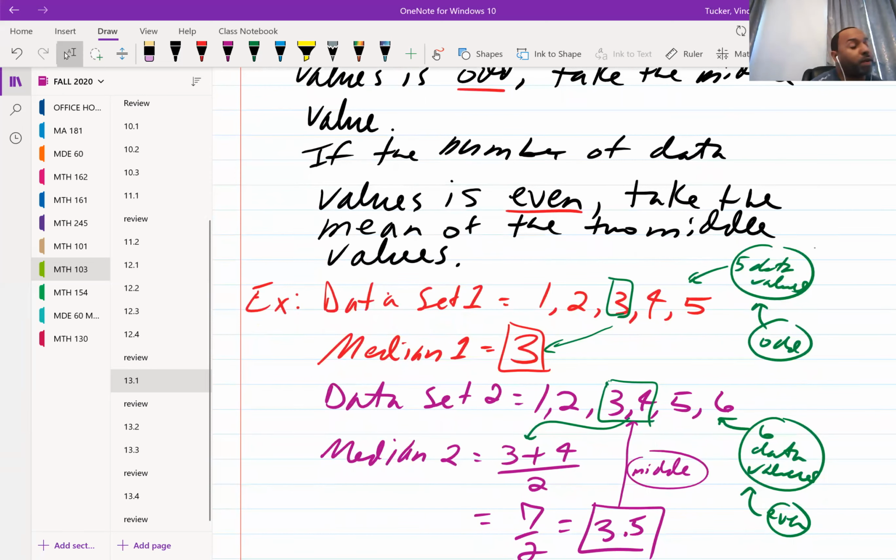So I take the two middle values, add them together, divide by 2, and that'll give me 3.5. All right, any questions?